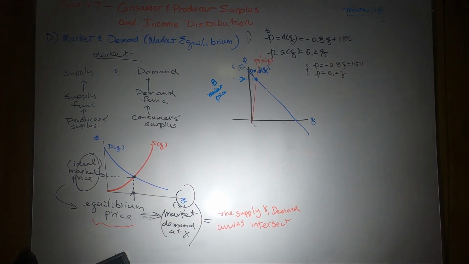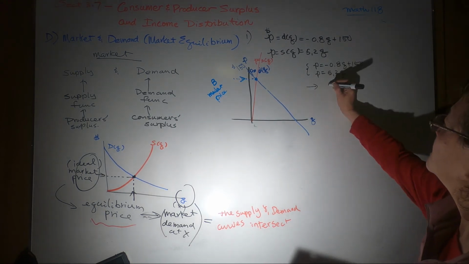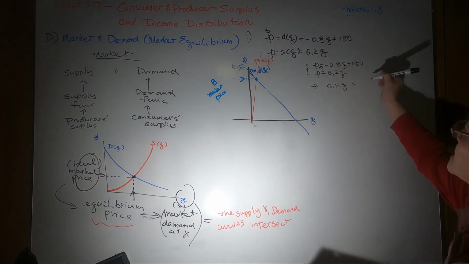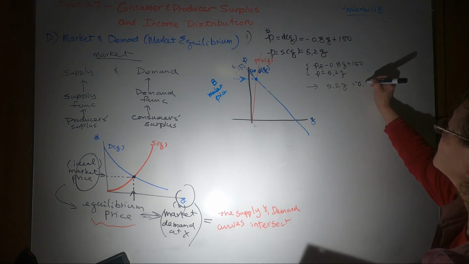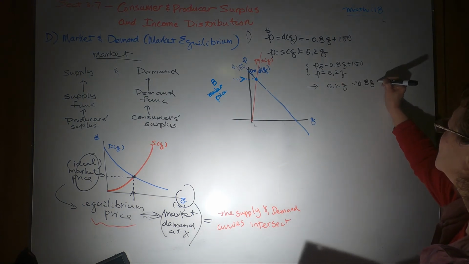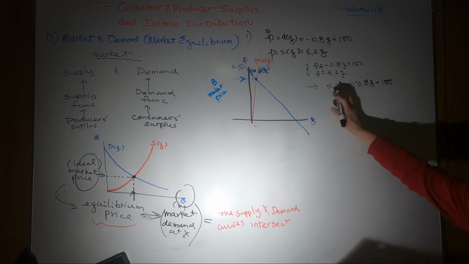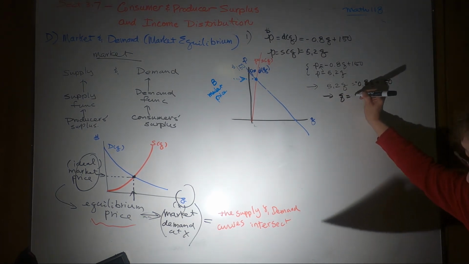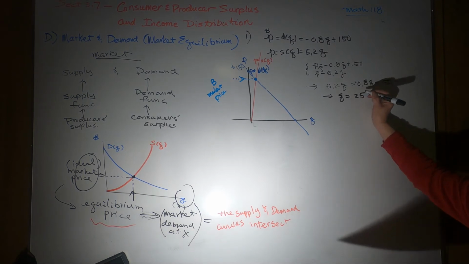Solve your system of equations, right? So what do we have? You just replace P by substitution: 5.2Q equals negative 0.8Q plus 150. You move over and find your Q. So Q is what? 25.